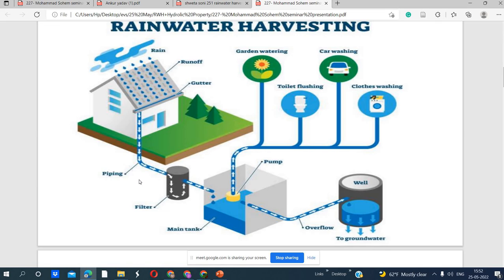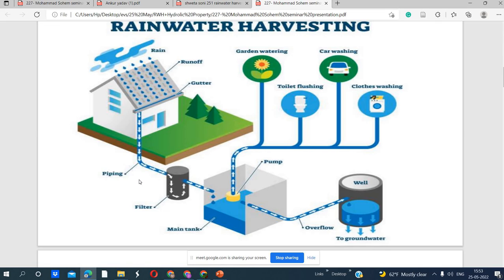Hence, there is a need for measures to ensure that rain falling over a region is tapped as fully as possible through rainwater harvesting, either by recharging it into the underground aquifers or storing it for direct uses. Ways of rainwater harvesting: capturing runoff from rooftops and roads, capturing runoff from local catchments, capturing seasonal flood water from local streams, and conserving water through watershed management. It involves utilization of rainwater for domestic or agriculture purposes.